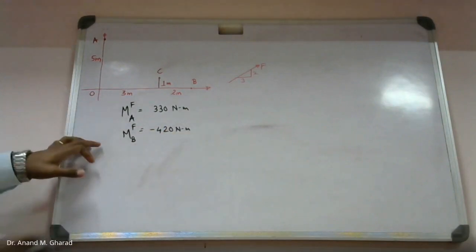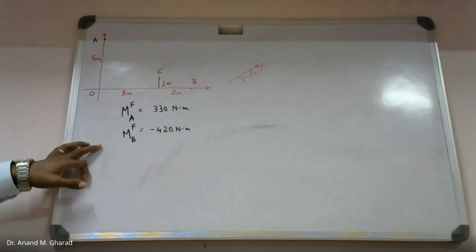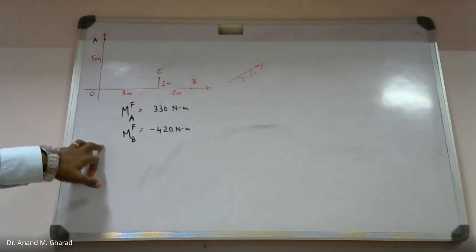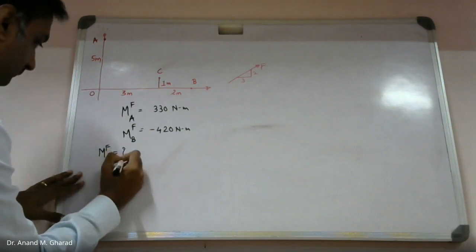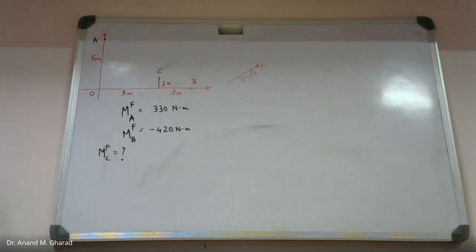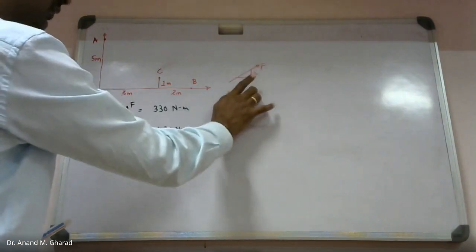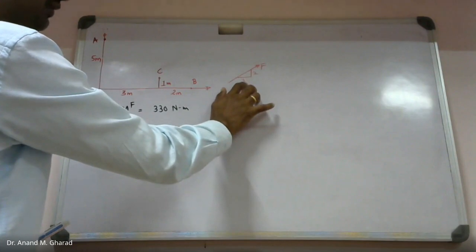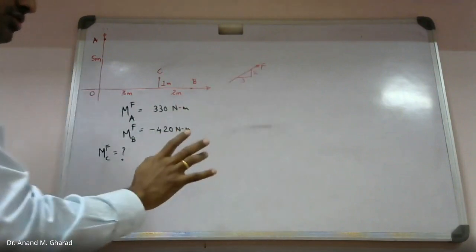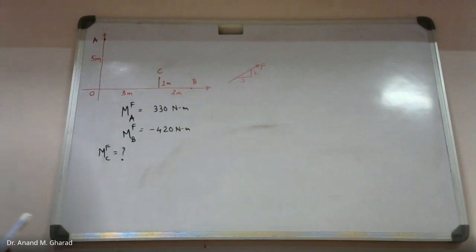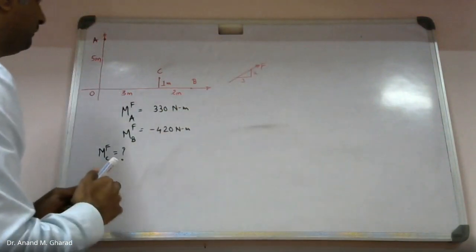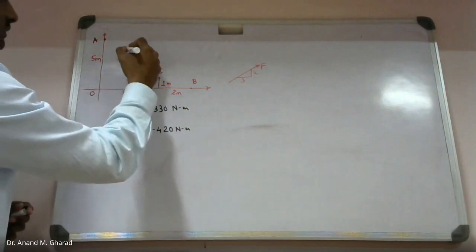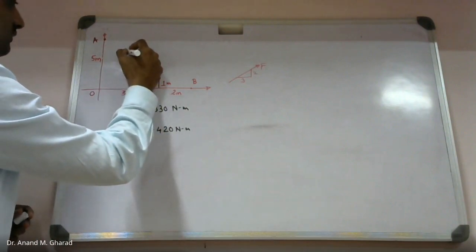Okay. You are supposed to find out moment which will be developed because of that force F about point C. Okay. Now this force, one thing is mentioned, that the nature of the force is given. It is an inclined force, and the slope is also mentioned. Okay. So for time being, what I will do, I will consider this force somewhere here.